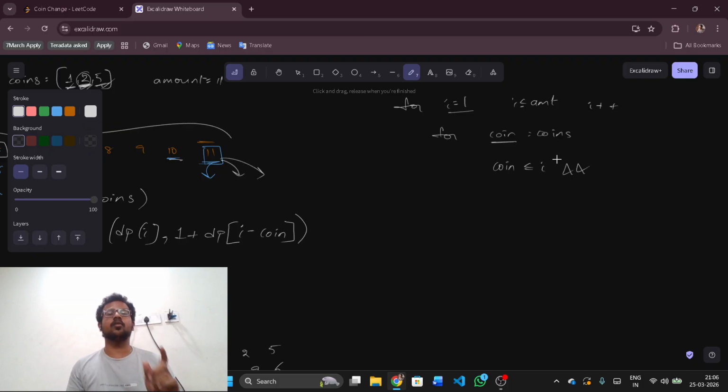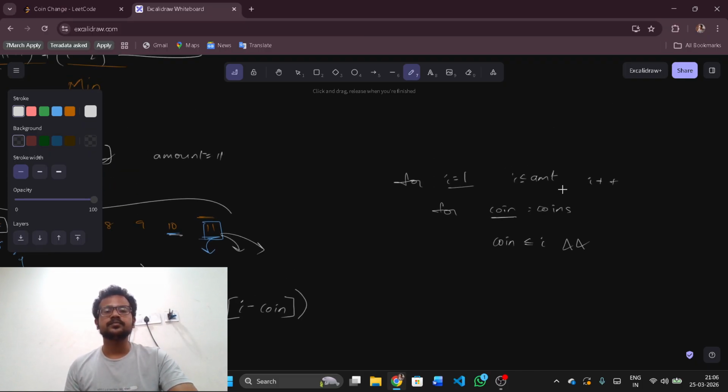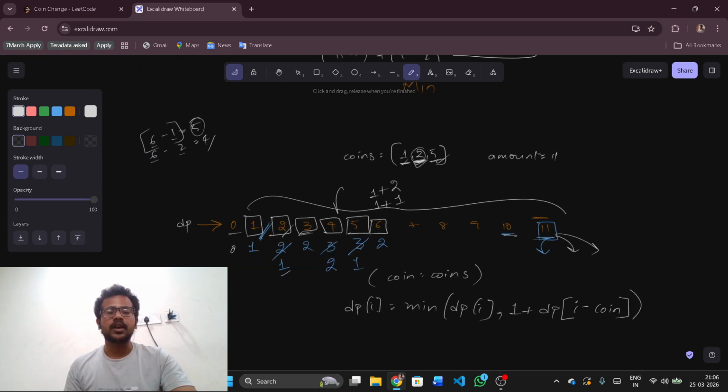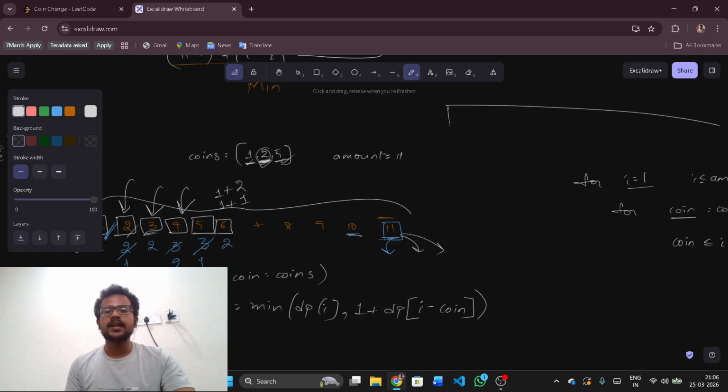And there is another problem: the previous one which I am checking, for 4, or it might be 3, or it might be 2, should be something that can be made with some coins. So I will initialize the whole dp array with infinity, that is int max.